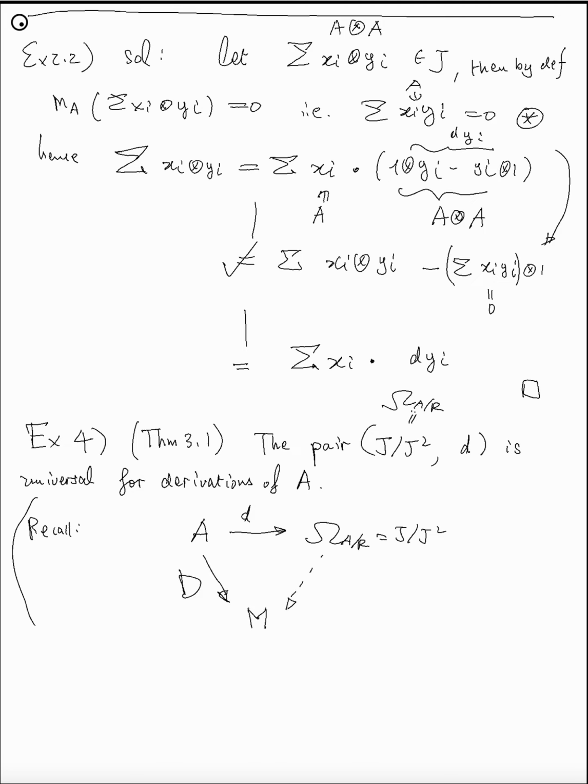there exists a unique ring homomorphism. Sorry, there is a unique morphism of A modules such that it commutes, right?